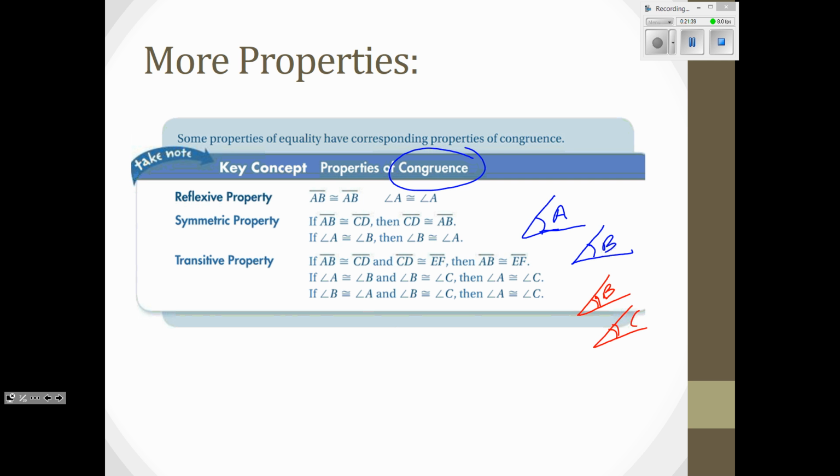If this had two lines in there or whatever, then we'd know that angle A would be congruent to angle C. And that's all the transitive property is saying. It's just now we're talking about it with congruence, so we're talking about shapes. If two different things are congruent to the same thing, then they are congruent to each other. Same idea here.